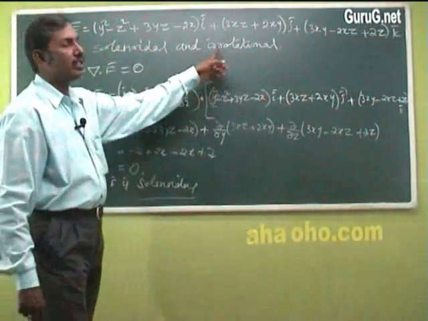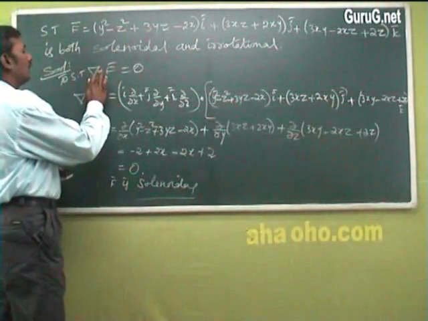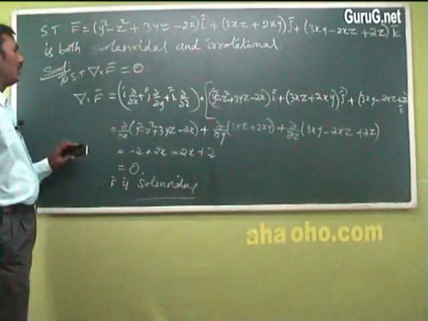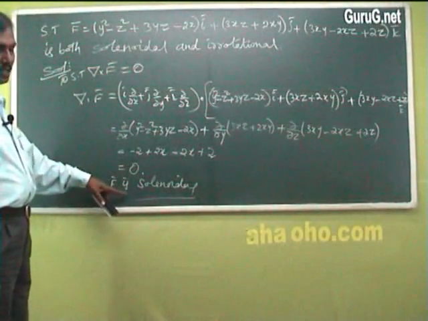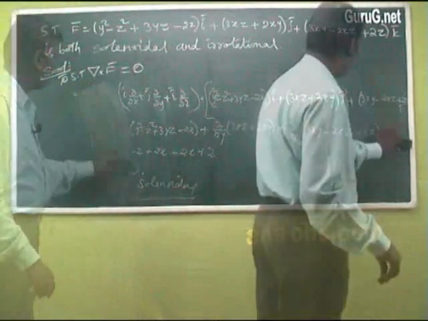Next, to prove irrotational, to show that del cross F equal to 0. If the dot product is 0, the vector is solenoidal. If the cross product is 0, then the vector is irrotational.